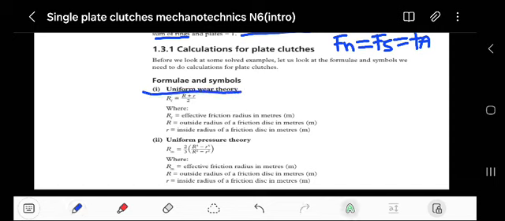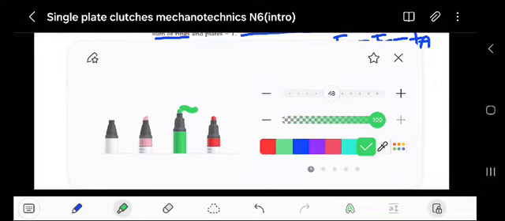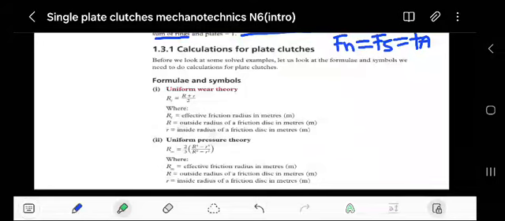That is a theory on its own. Let me highlight it with my highlighter, with the green.